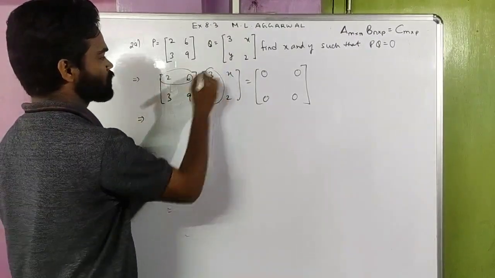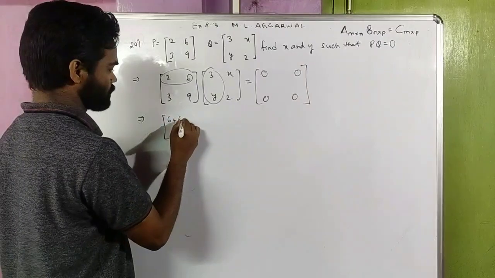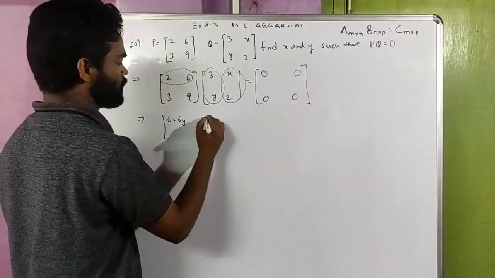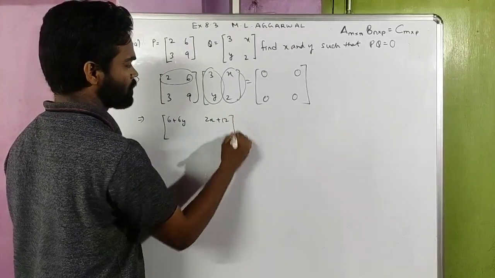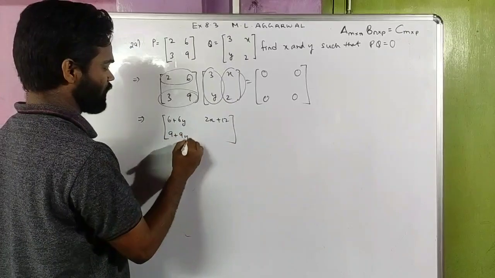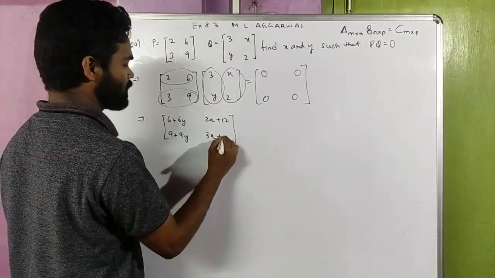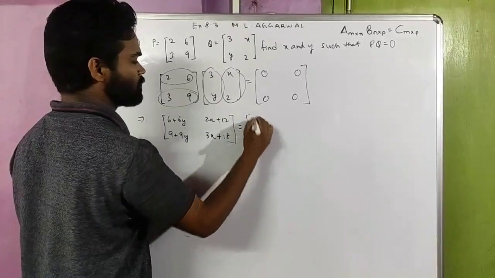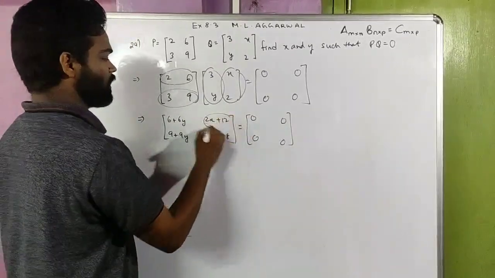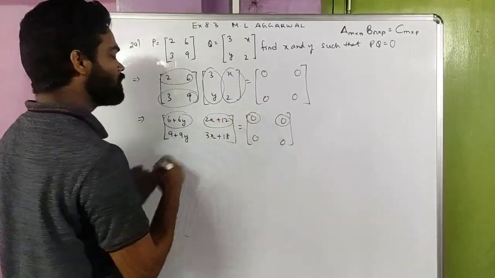First row, first column, so that's 6 plus 6y. First row, second column, that's 2x plus 12. Second row, first column, that's 9 plus 9y. And second row, second column, that's 3x plus 18. And this will be equal to 0, 0, 0, 0. So we can equate this to 0, we'll get x, and this to 0, we'll get y.